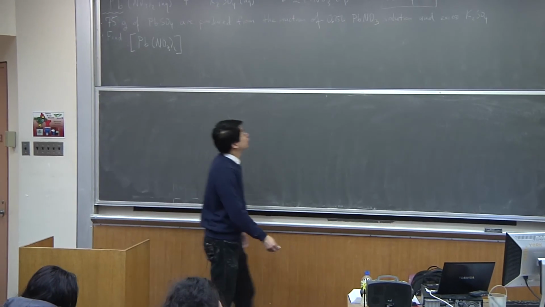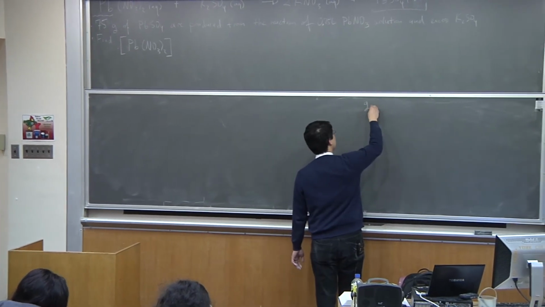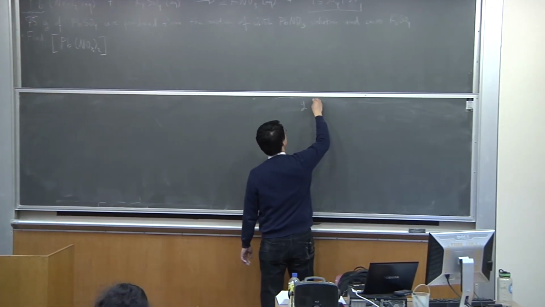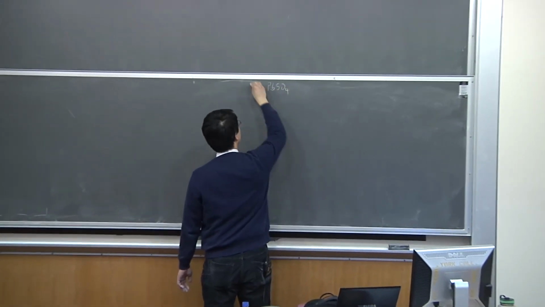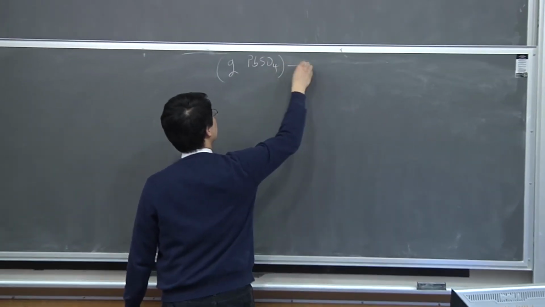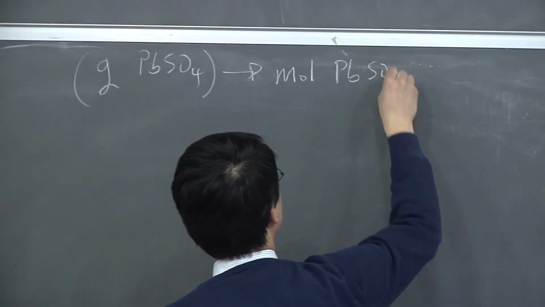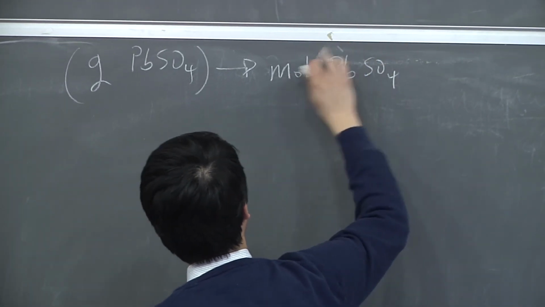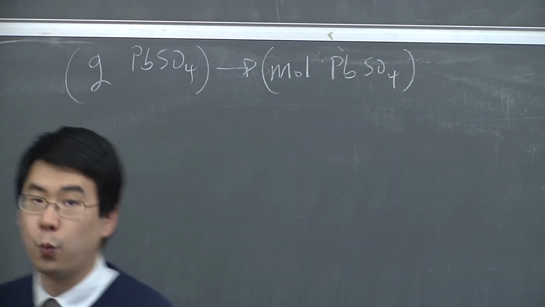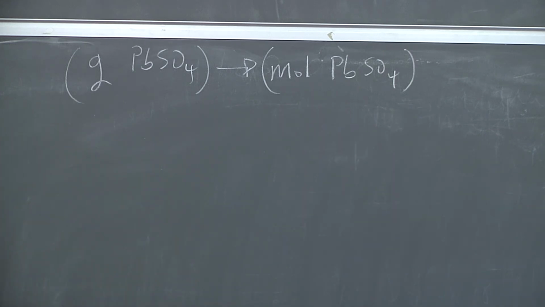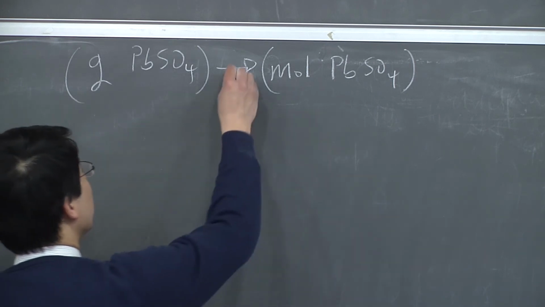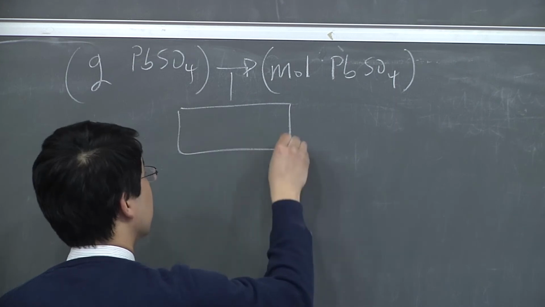So what are we going to do? We're going to make this map again. Grams of PbSO4, we're going to go from there to moles of PbSO4. Whenever we go from one compound to another, like a reactant to a product or a product to a reactant, we're going to have to go through moles. What are we going to use to get from grams to moles?